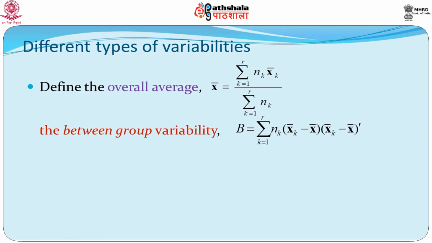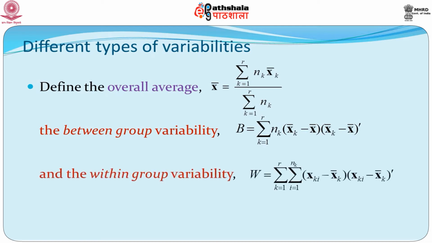So, you get the between group variability, and also we get the within group variability W, which is in two parts. If you look at the inner sum, i equal to 1 to nk, this gives you the variability within the particular group, say k equal to 1 or k equal to 2, etc. So, for the kth group we get this variability, and then we sum this over all the groups to get W. Okay.